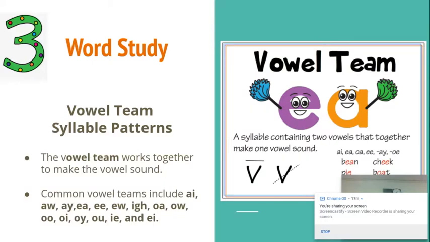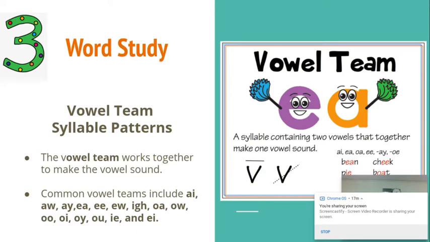Now, as you're reading them, think in your head, what sound do those vowel teams make? For example, AI makes the A sound. AW makes the AW sound. AY makes the A sound. EA makes the E sound.